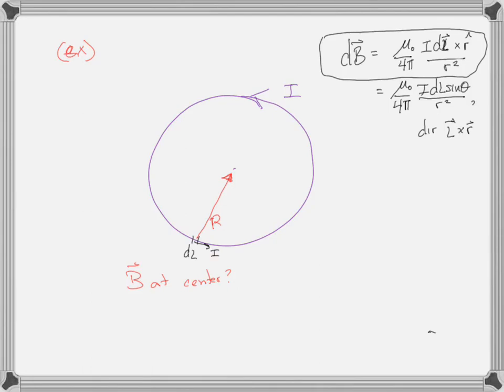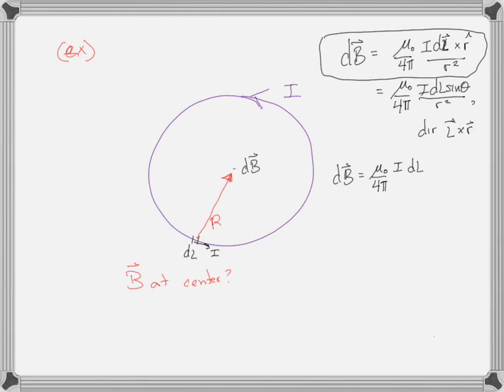And so I need to apply the Biot-Savart Law to find what field that current element has at the center. dB at the center due to that current element is mu 0 over 4 pi. The current is I. The length of the current element is dl.